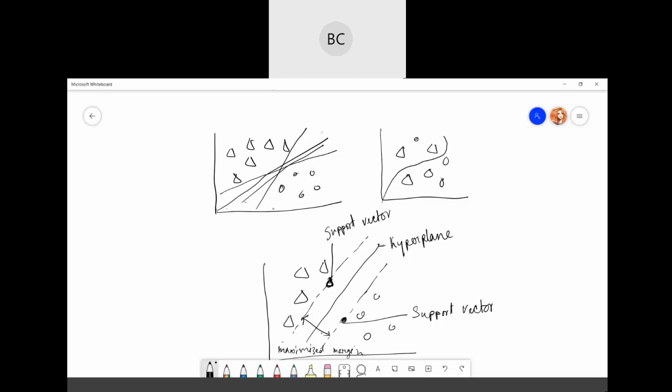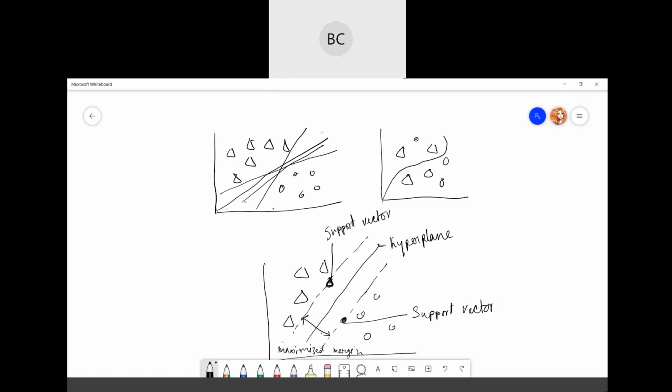For nonlinear data, it puts all the data into a higher dimensional space. Suppose this is 2-dimensional or 3-dimensional, it explodes or puts all the data into an n-dimensional, higher dimensional space.